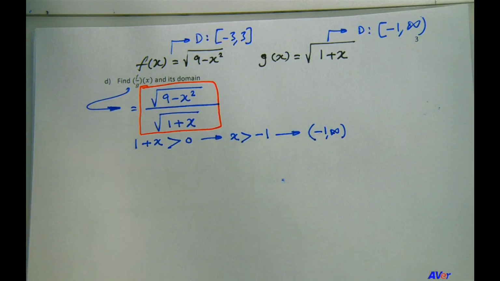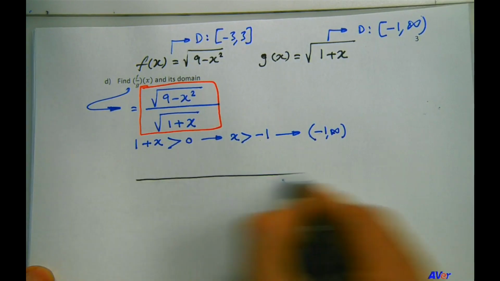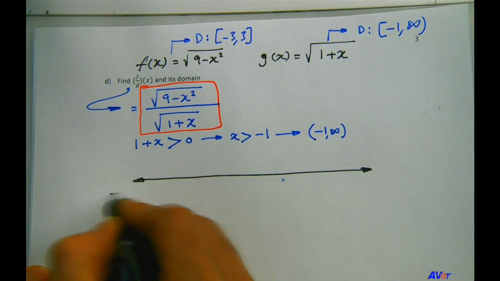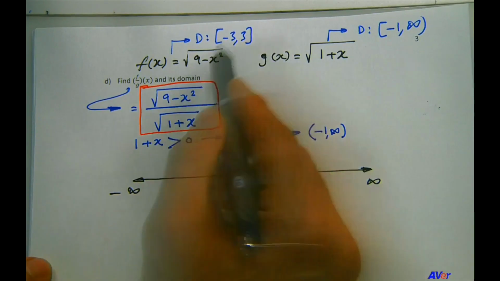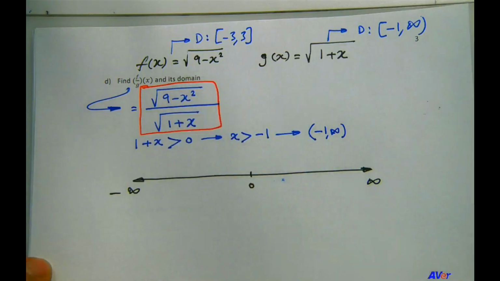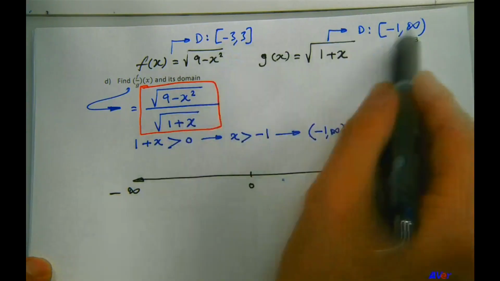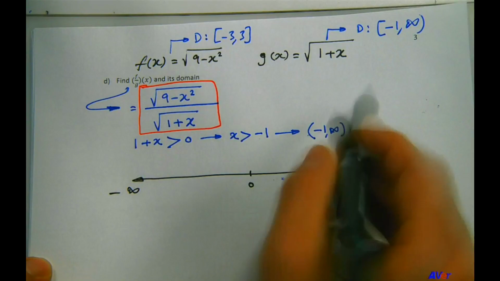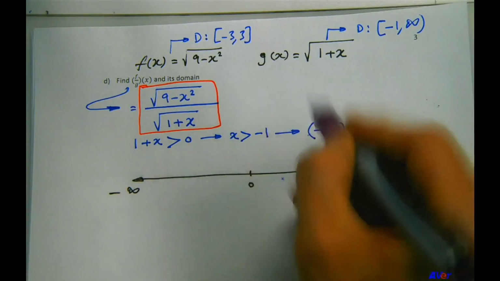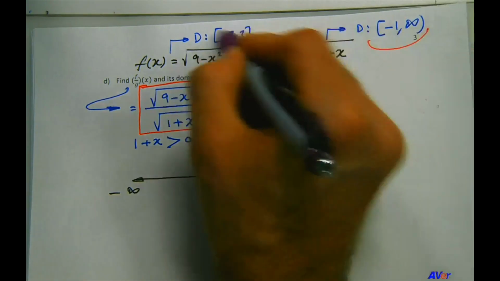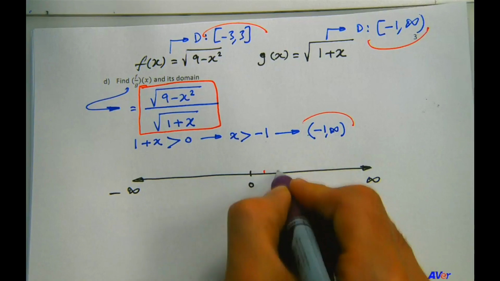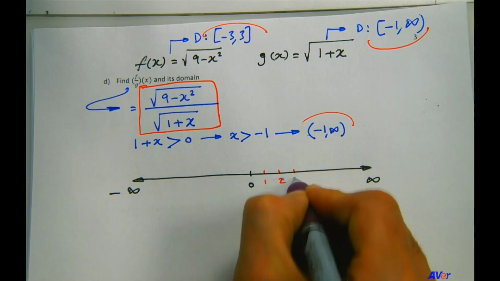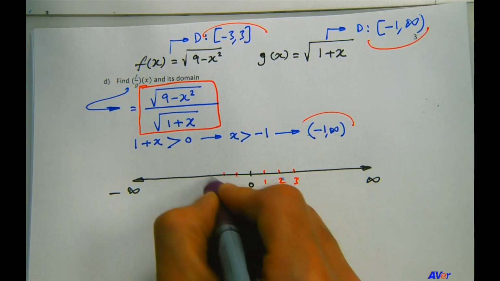So let's draw a graph like that, right? Because these two pieces are part of one piece now. So we've got to make sure that all these domains agree. This one with that one, with that one. Okay, so we have 1, 2, 3, -1, -2, -3.